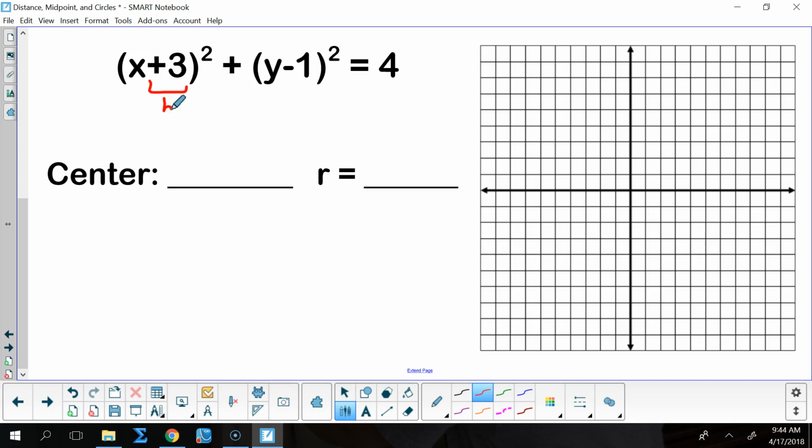Because it's attached to x. Thinking oppositely, because it's inside a set of parentheses, that's going to give me the center at -3, comma something. Is everybody clear on that? Okay. Lukey, where you're shaking your head, what's up, my man?